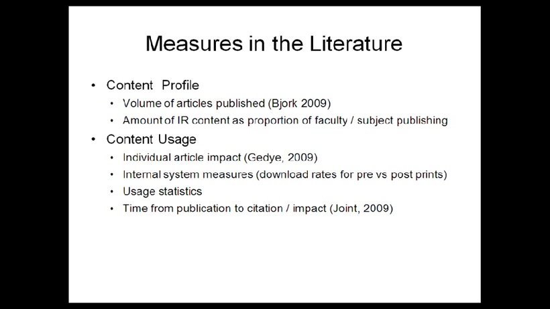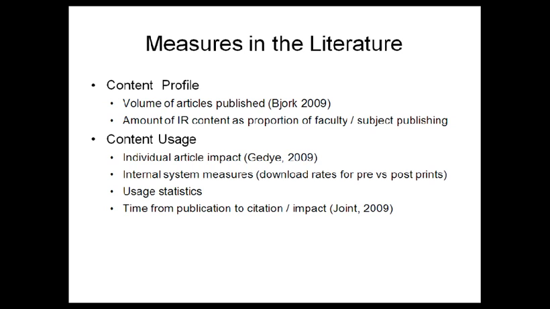Content usage is another one, and that's getting a bit closer to the idea of usage and engagement. So, not just journal impact, but do individual articles have impact? What kind of internal system measures are there? What are different download rates for preprints versus postprints? That's a finer version, I guess, of individual article impact.